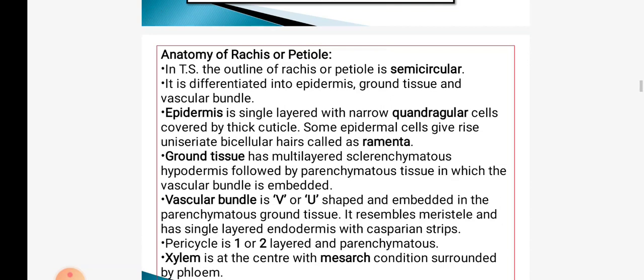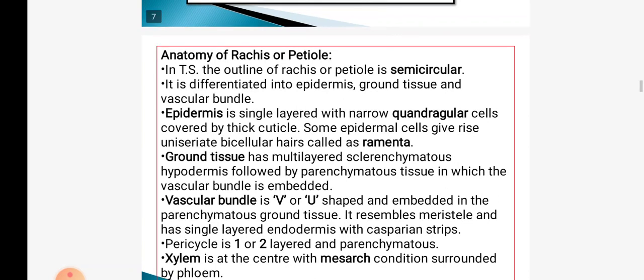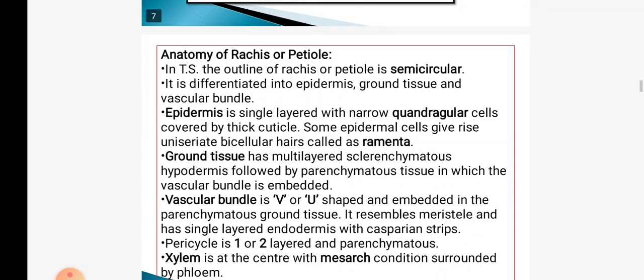Ground tissue is multi-layered. It is with sclerenchymatous hypodermis followed by parenchymatous tissue. Vascular bundle is V-shaped or U-shaped, embedded in the parenchymatous ground tissue. It resembles a meristele and has single layered endodermis with Casparian strips.